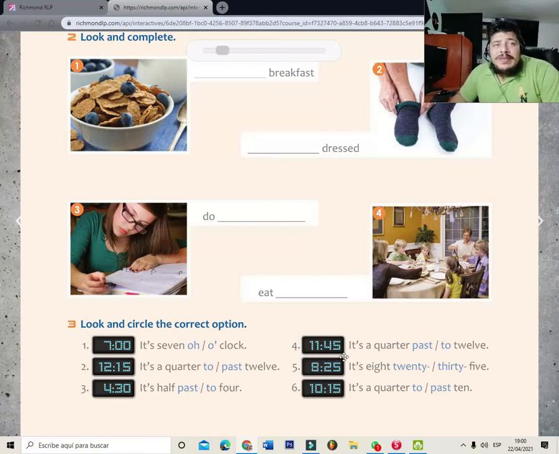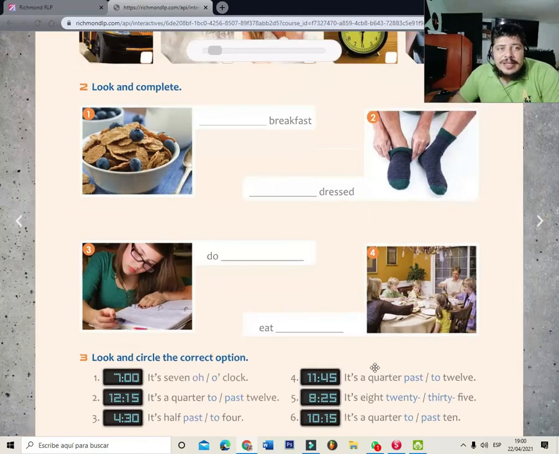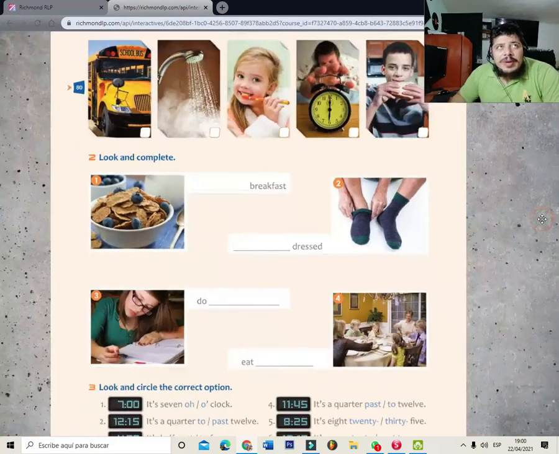Then we have it's a quarter or 12:45. Remember, 11, 12, pay attention there. Number 5, 8:25, right? It's 8:20 or 8:35. Careful with that. Then number 6, it's 1:45 or it's 10:15.